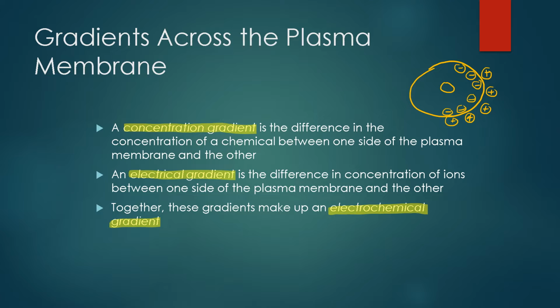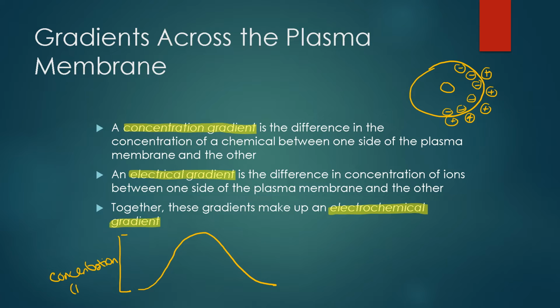Now, typically, a substance will want to move down its concentration gradient, or move from a place of higher concentration to a place of lower concentration. This is really the natural progression of movement. Essentially, we can think of it as a hill or a graph like this. For example, this can be concentration. So this is going to be the concentration of a particular ion or molecule.